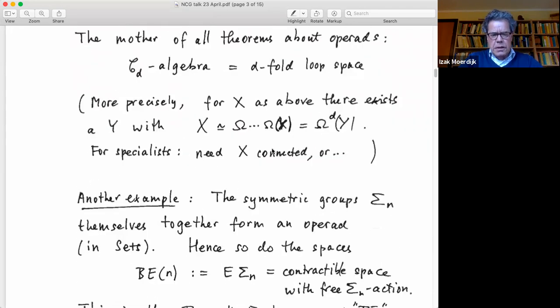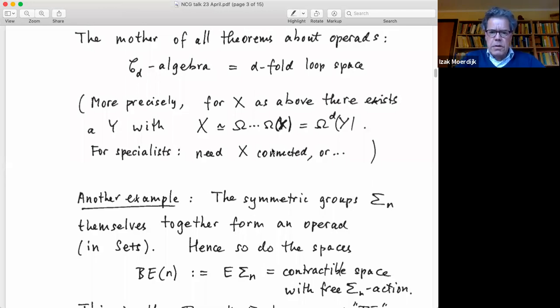Now the nice thing about operads is that if you hit an operad in a category with a functor, and this functor preserves products, or sends products to tensor products, if you want a slightly more general situation, you get another operad. So it's a very flexible notion that can be moved from one category to the other.